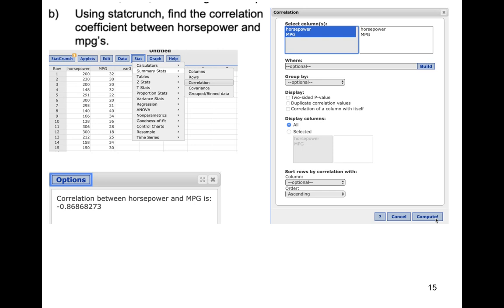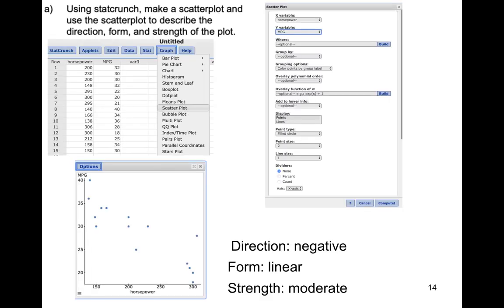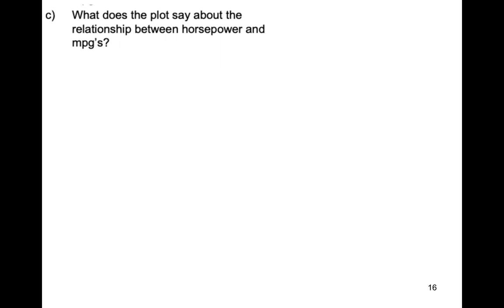And then when you click on Compute, it actually tells you the correlation. And you can see we get a correlation of negative 0.8, okay, which again makes sense considering if we go back to look at the scatter plot, it makes sense that we got a negative correlation because it was a negative direction scatter plot.